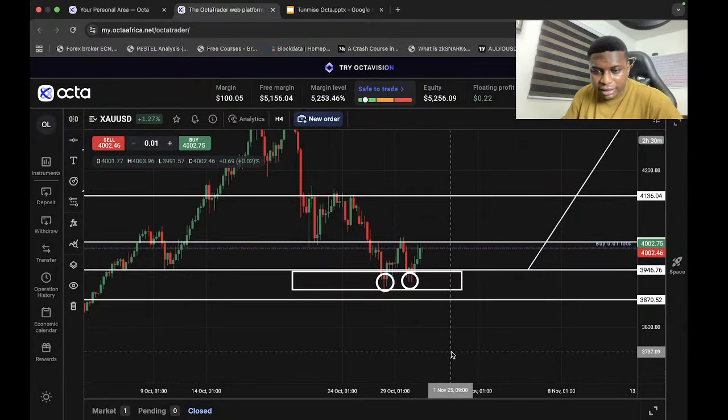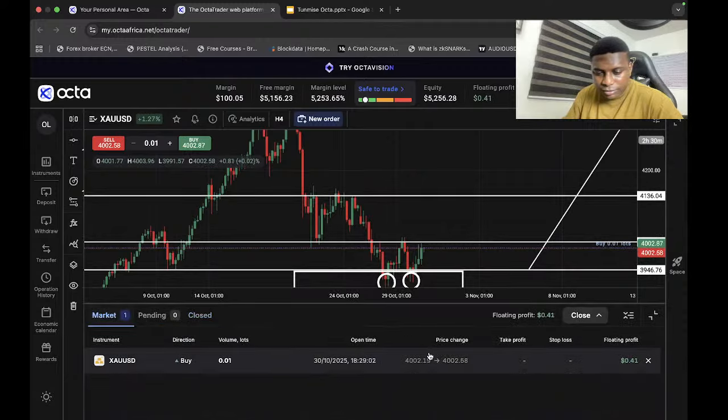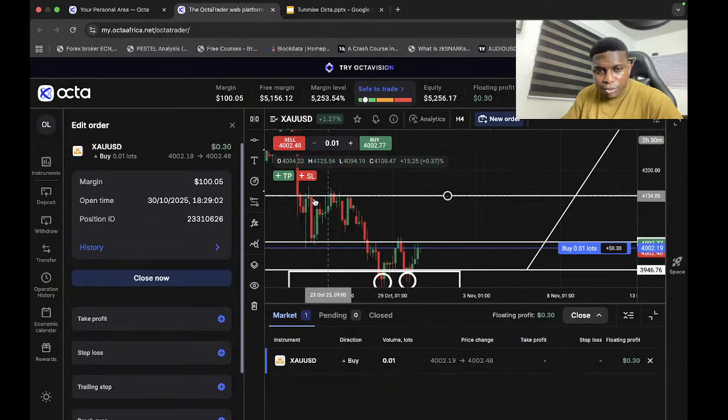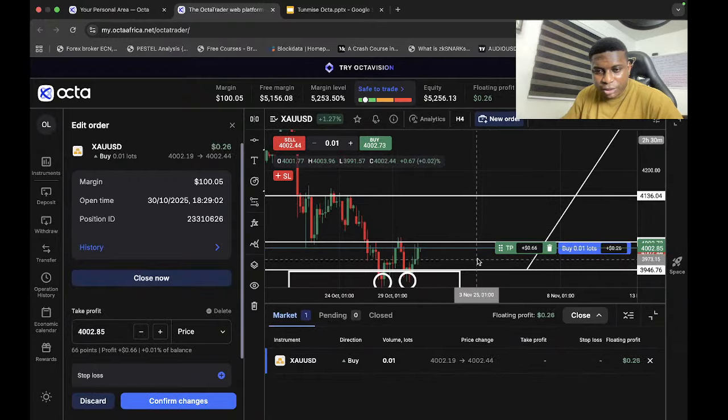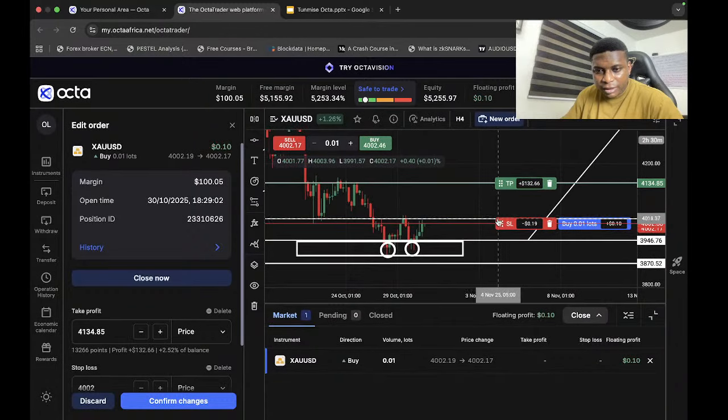So now let's make the adjustment. Let's put our TP here, and let's put our stop loss here.